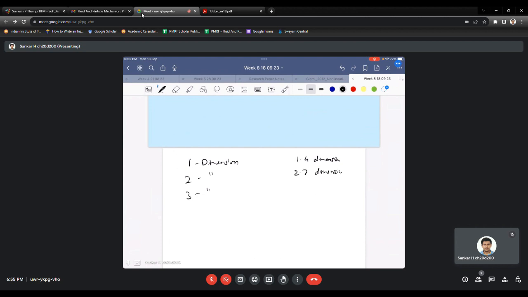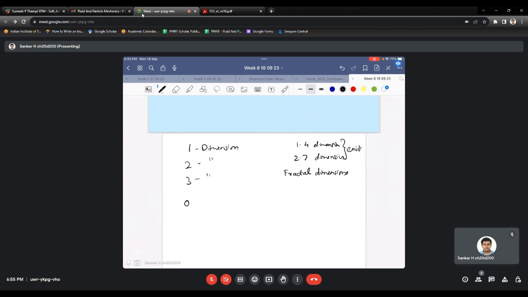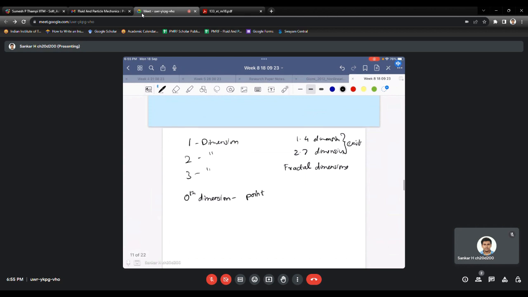These also exist, and these are known as fractal dimensions. We know that the 0th dimension is in fact a point, so we don't want to read anything like that.